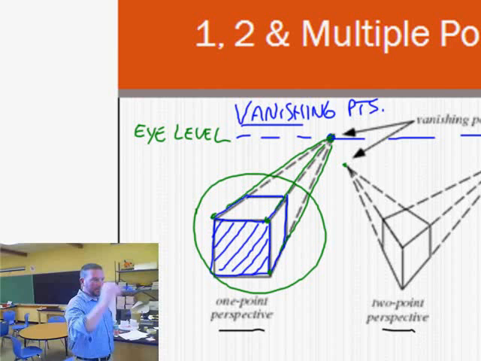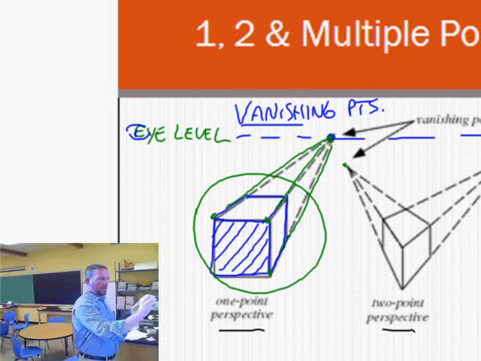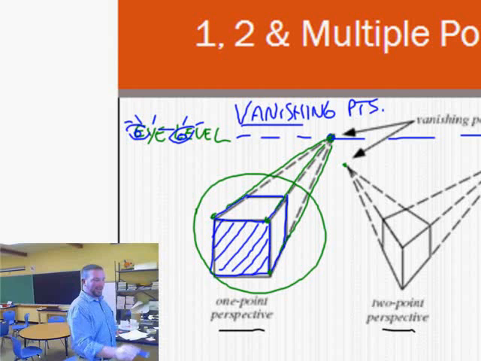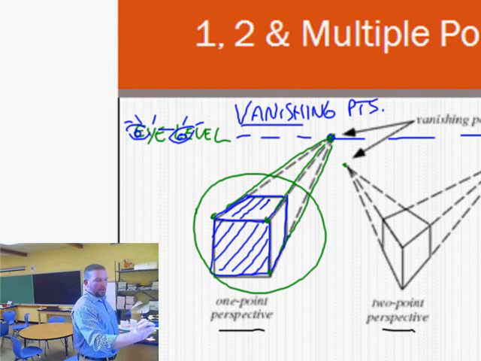My eyes, maybe a little bit less, 5'6". This box is below my eye level from where I physically stand. If it was at eye level, I would see just one side of the box. If it was above eye level, instead of seeing the top, I would be seeing the bottom.